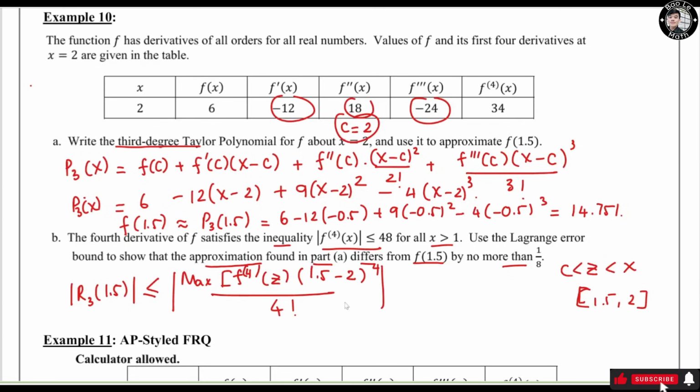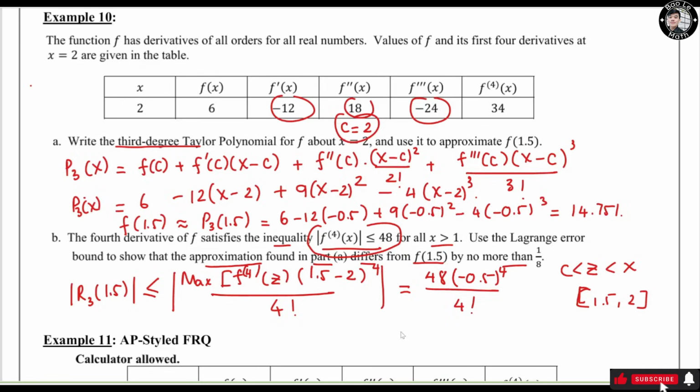Now the maximum of the fourth derivative of f is right here, 48. So this guy equals 48 times negative 0.5 raised to the 4 over 4 factorial.